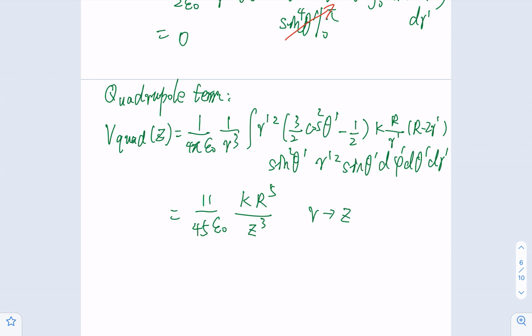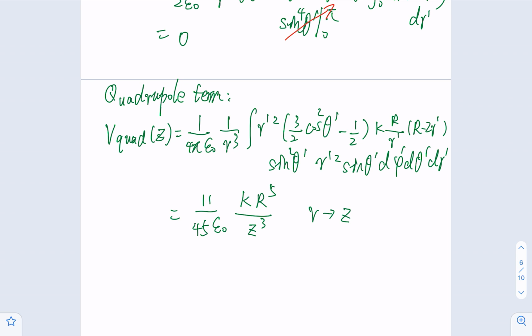And the quadrupole involves r prime to the power of 2, and this is P2 cosine theta prime, and also the r is raised to the power of 3. Now if you follow through the calculations, you can get the end result, that is some constant times 1 over r to the power of 3.